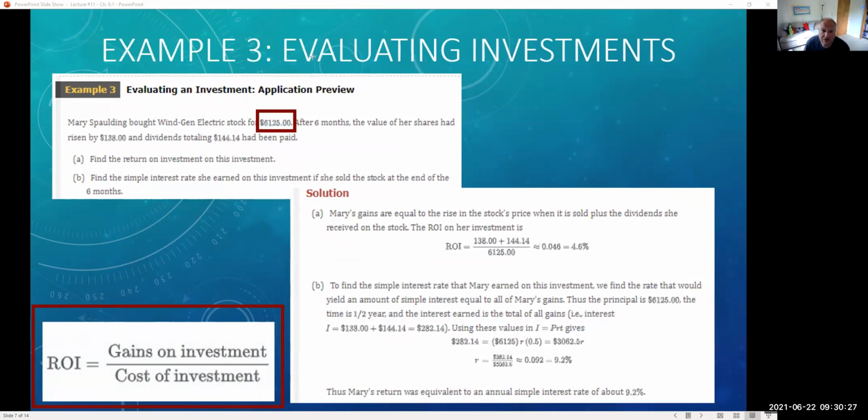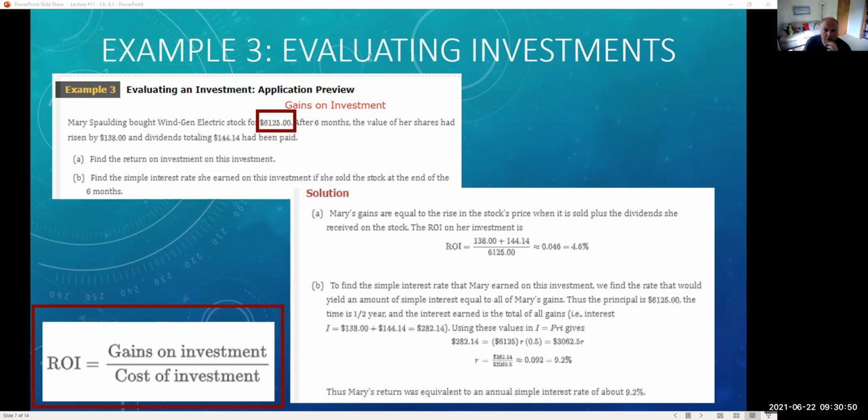We also look closely and we don't see any kind of associated fees or anything. This is the gains on investment. Next, after 6 months, the value of her shares had risen by this much, and dividends totaling this much had been paid. Those two figures you're looking at there are representations of gains, okay?